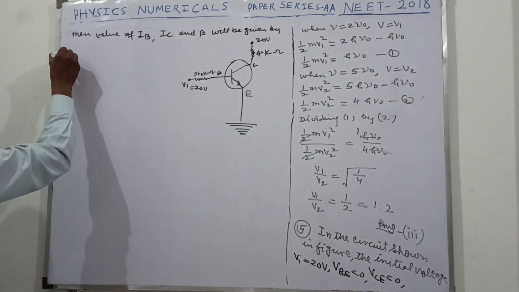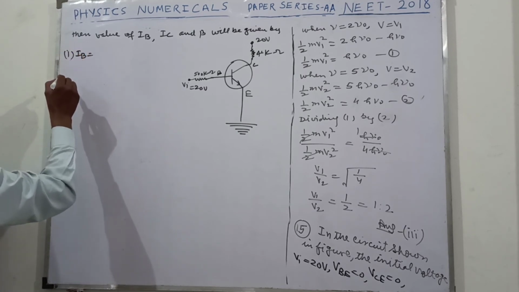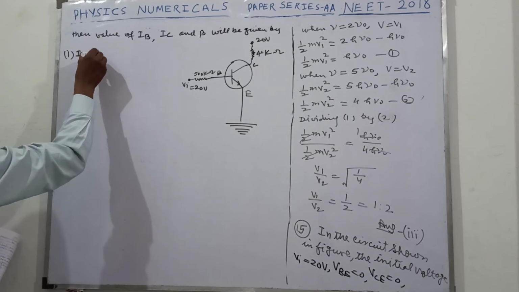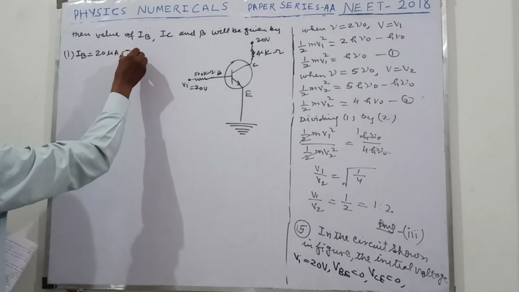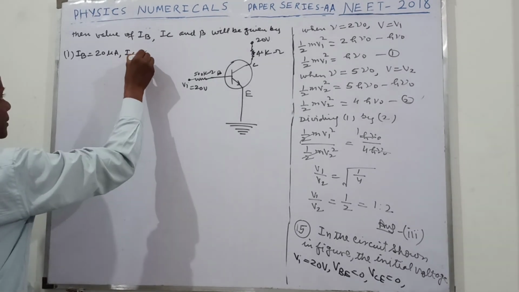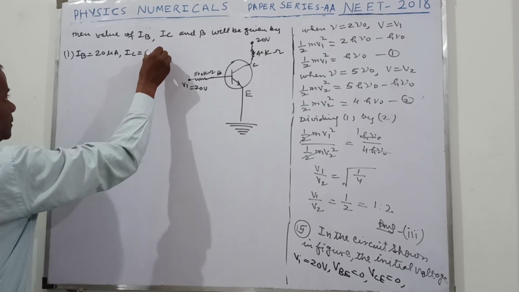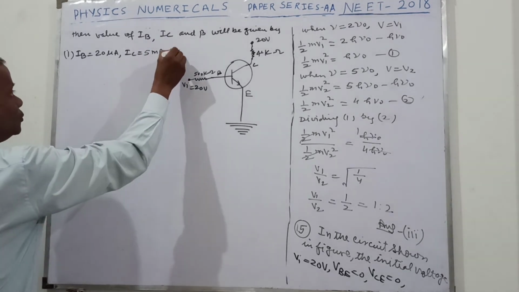The first option is IB equal to 20 microampere, IC equal to 5 milliampere, and beta equal to 250.